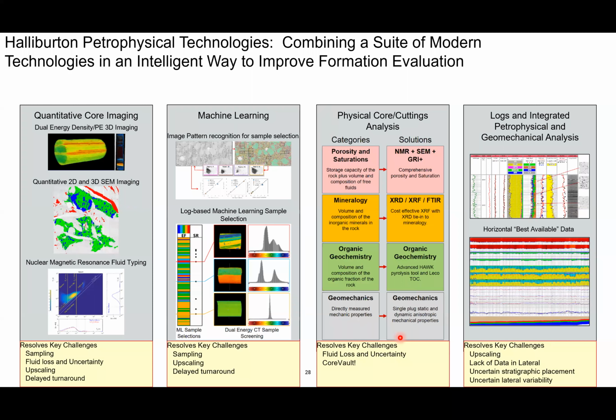You combine that with this information, and then finally integrate that to the log level, or with the wireline log measurement. That gives you a very robust model of the reservoir, not only for the geologists or petrophysicists, but also for the reservoir engineers.